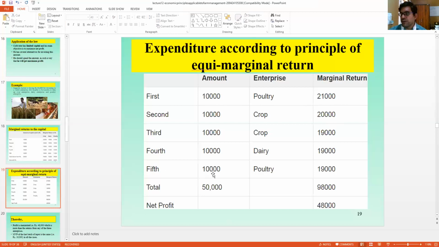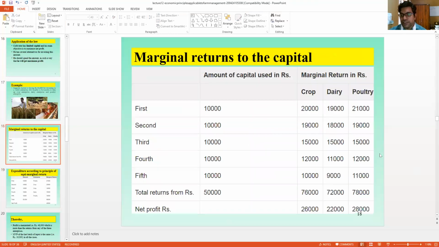And the last unit of the available capital is applied to that enterprise giving an MVP more or less equal to the MVP of the previous case. The previous case is dairy, 19,000 rupees. Where is that? Here, 19,000 rupees. So the farmer has allotted the fourth part of the limited capital to dairy.